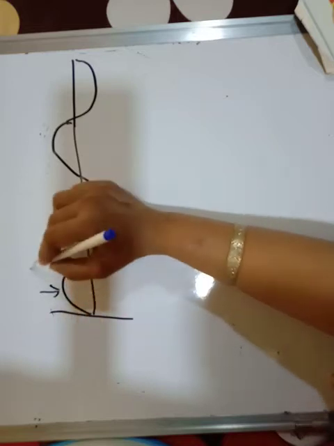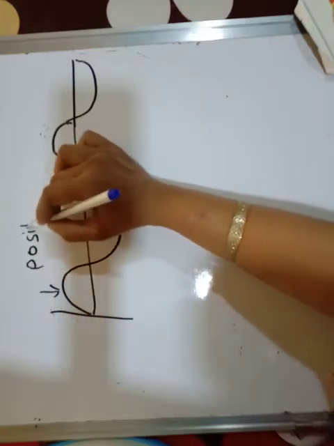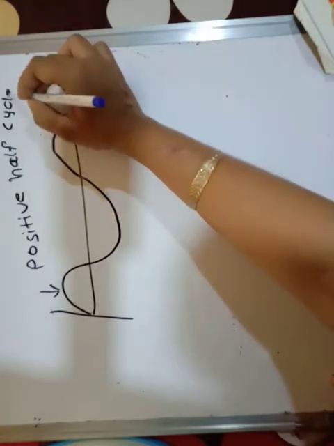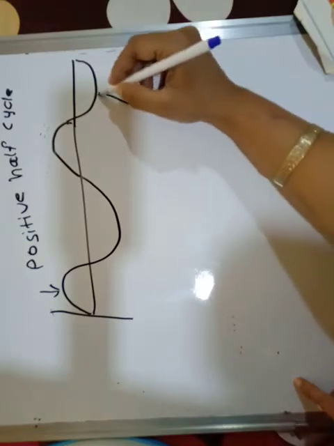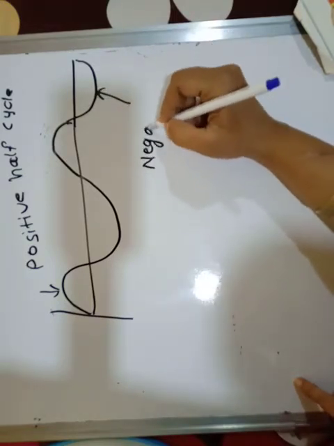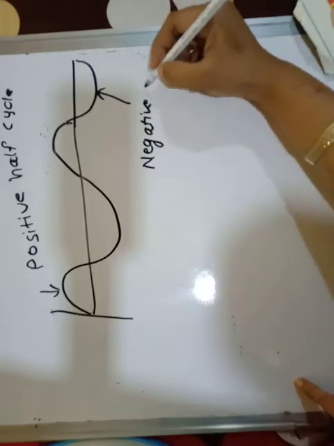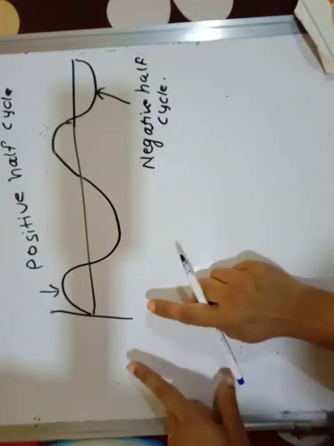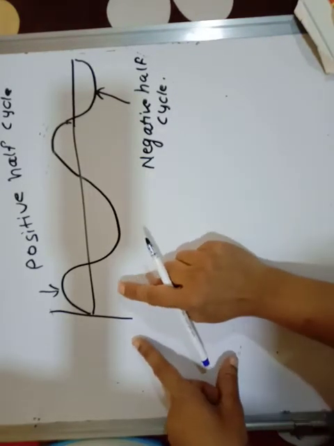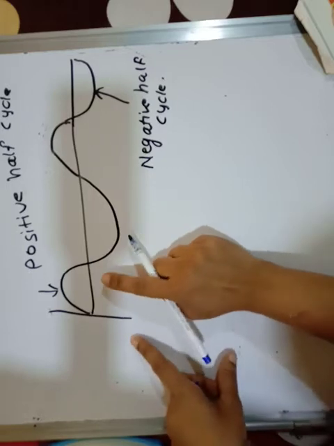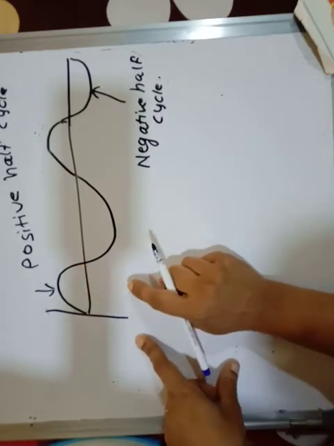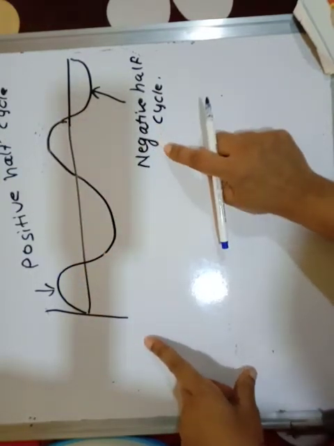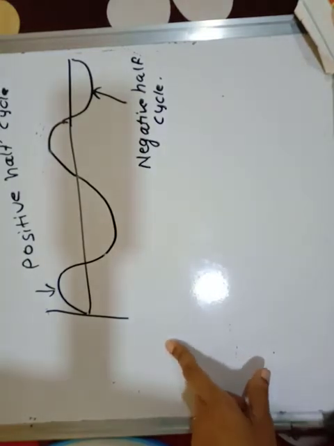This is the positive half cycle and this is the negative half cycle. As I told you, AC voltage is bidirectional, so it consists of two half cycles. The upper half cycle is known as the positive half cycle, and the lower half cycle is known as the negative half cycle.